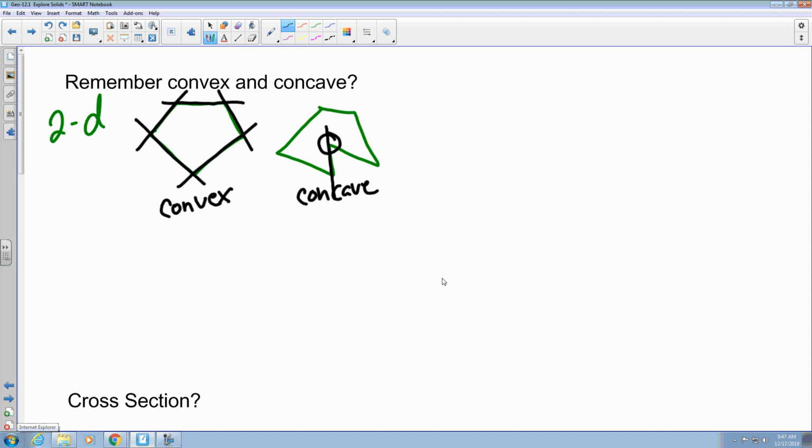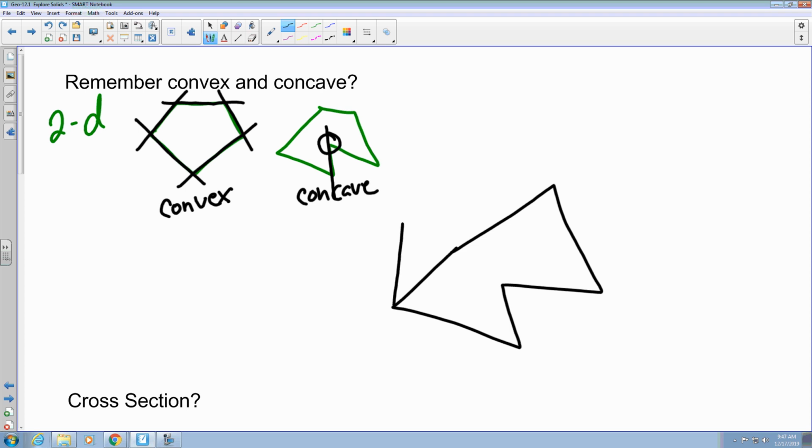So if you wanted to look at a 3D shape that was concave, you'd say, all right, well let's make a base that is concave. So if we go here, here, here, here, and here, and then make our shape off of that. So we would just go up, up, and then try to mimic the shape up on top.